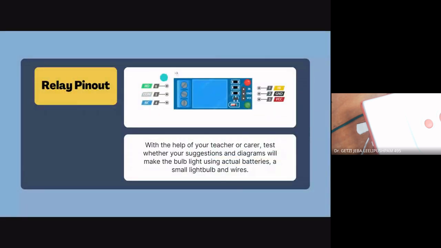So this is a pin out. You will have a ground and VCC. So now I'll connect the ground pin to the ground of Arduino and VCC to the VCC of Arduino.